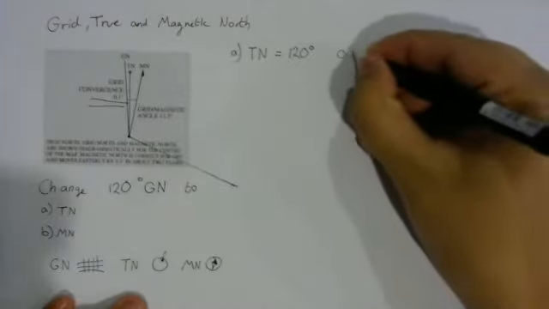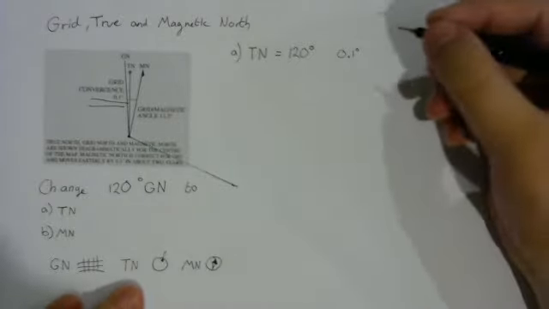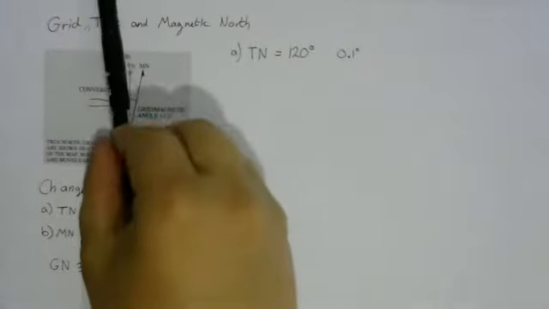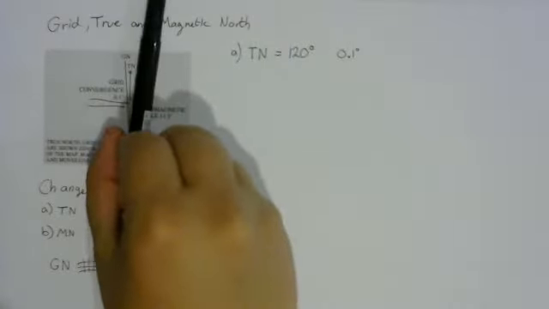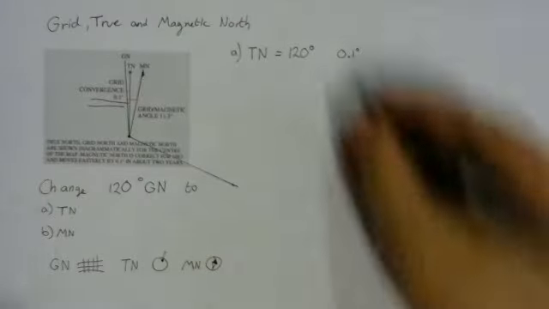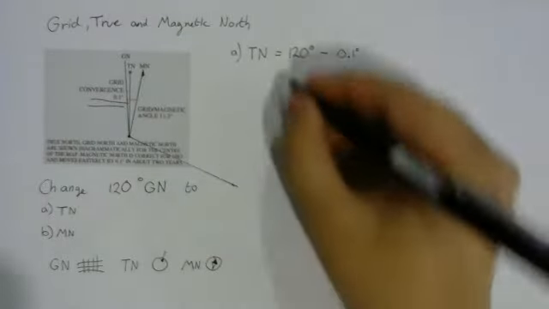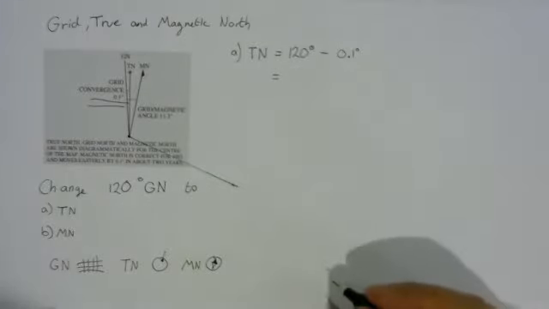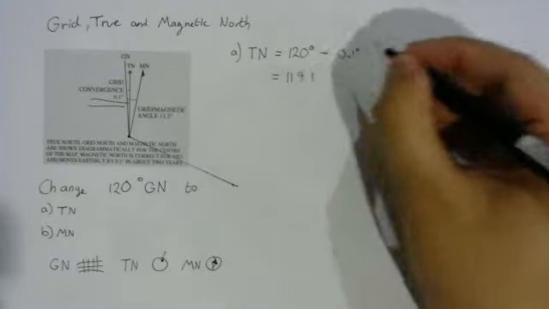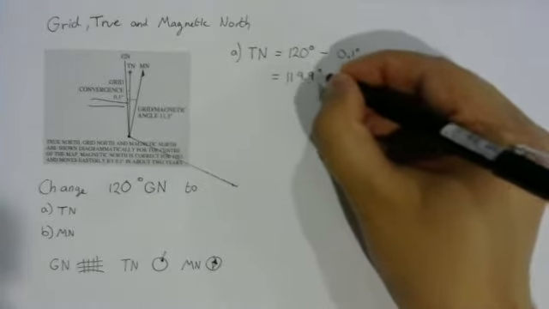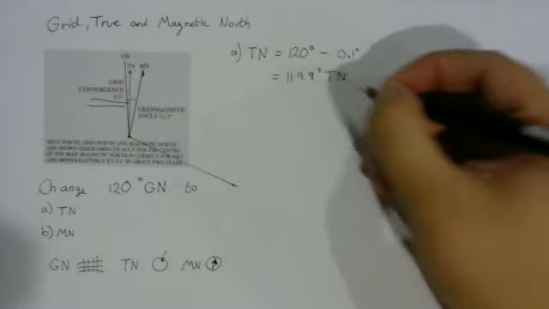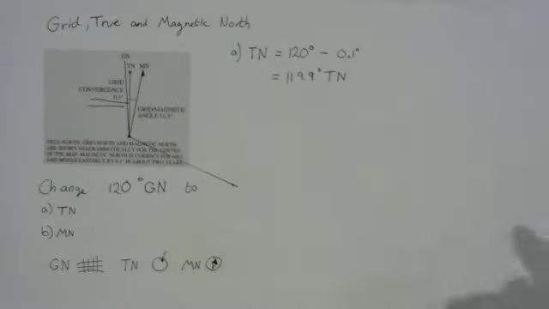So 0.1 degrees is our adjustment. And we can see from the picture that going from grid north to true north, our angle gets slightly smaller. I'm going to take 0.1 from 120 degrees, and that's going to be 119.9 degrees, and we're going to denote that with TN for true north. Pretty easy.